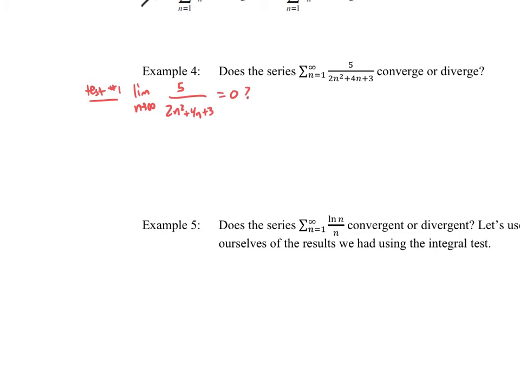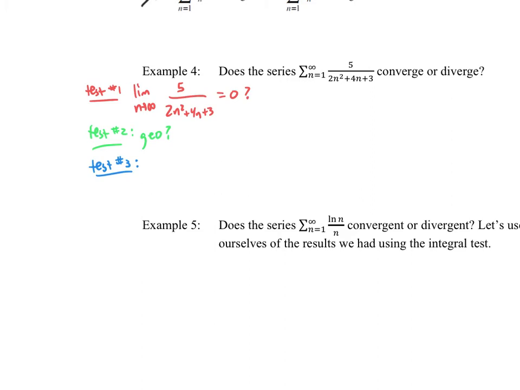Test number 2, is it a geometric test? No, it's not a geometric test. It doesn't have that base to the power of n. How about test number 3, the collapsing sum? Well, this is certainly a candidate in that it's in the style we need.